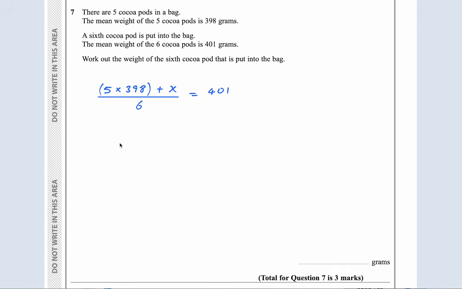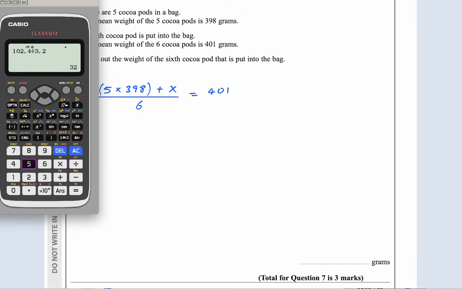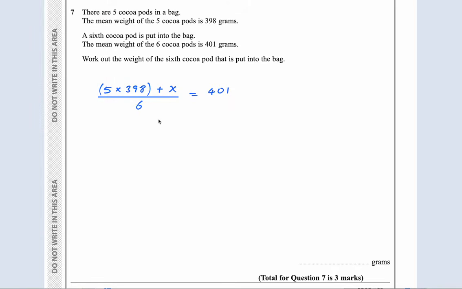So 5 times 398 is 1990. 1990 plus X equals, I'm going to multiply it by 6. So I'll do this in my head actually, guys. It's 2,406.